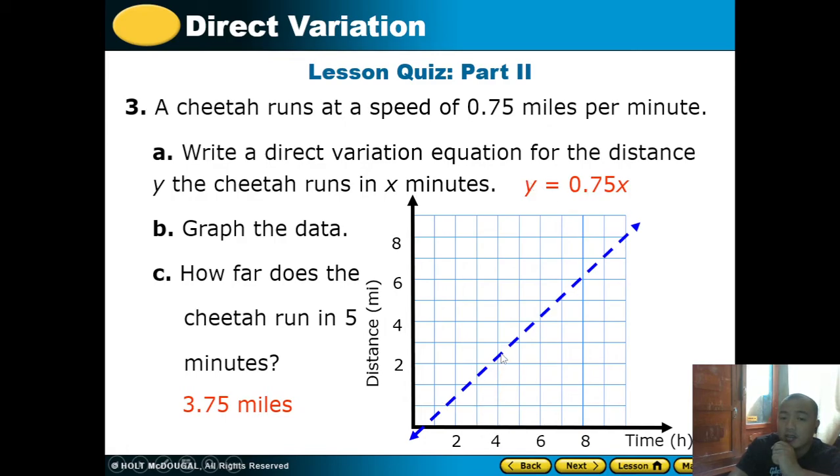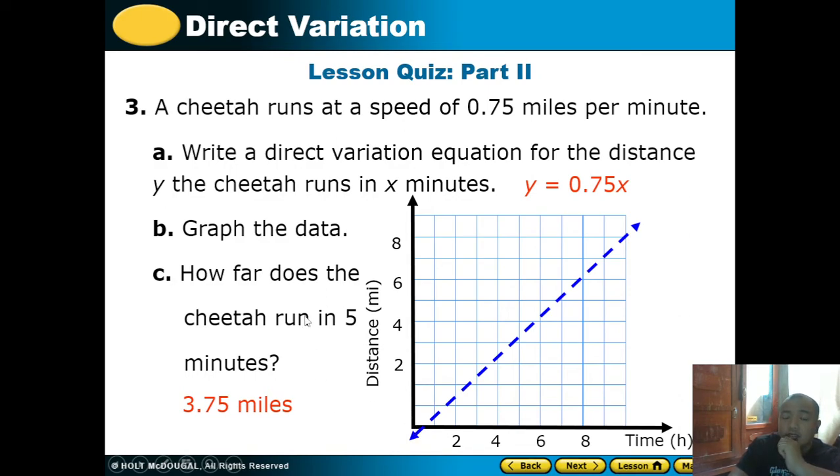So (4, 3). 3 fourths times 4 is 3. Now 8. 8 times 3 fourths is 6. So (8, 6). That's correct. Wait, it shouldn't be centered on the origin, right?